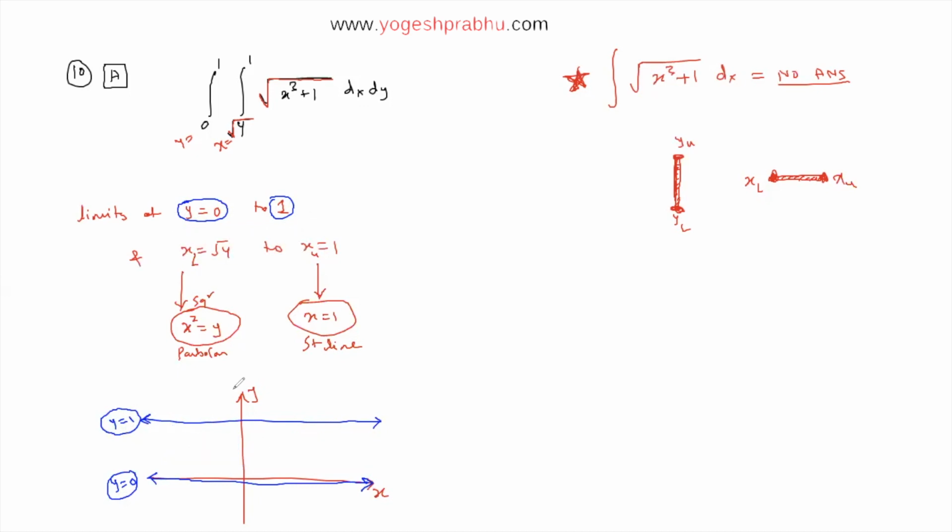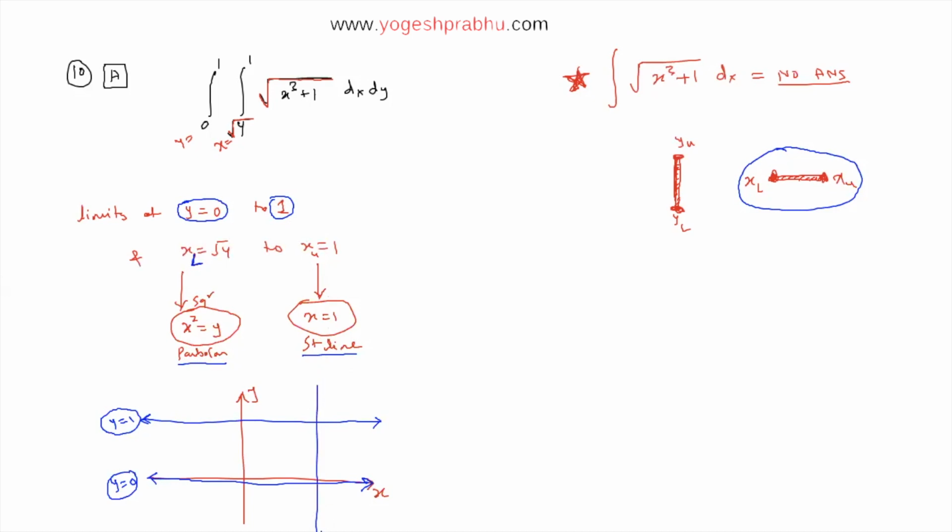Now, we know that these limits are of x. That means we are talking about a horizontal strip, such that its lower limit is the parabola and its upper limit is a straight line. What will the straight line x equal to 1 be?